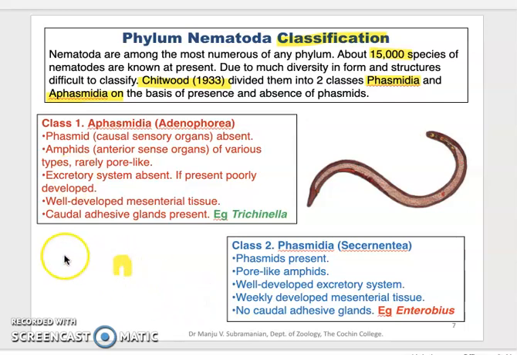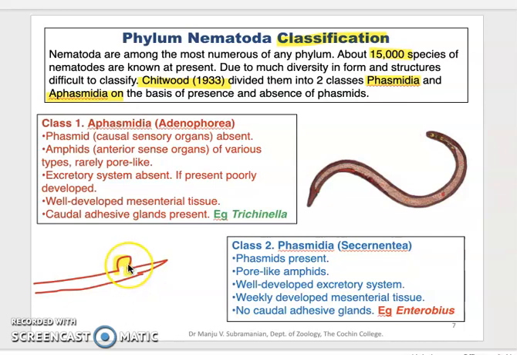So these phasmids are certain projections found on the body. If it is the body of a roundworm, certain microscopic projections will be present.